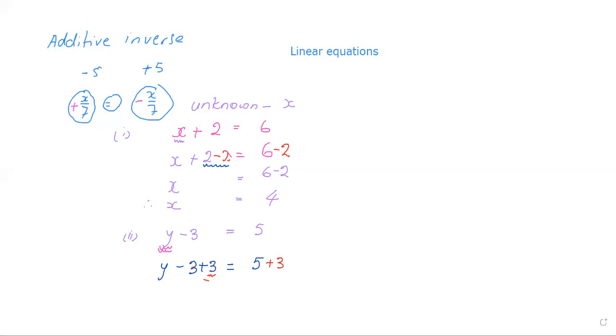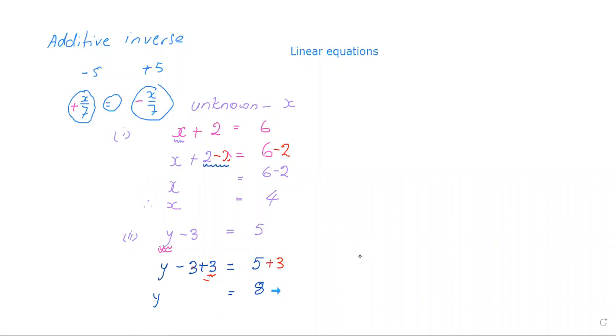I repeat that for emphasis. Y will equal 8. So 8 minus 3 is 5. That's very true. That's your answer there. Y is equal to 8. That's what we do there.